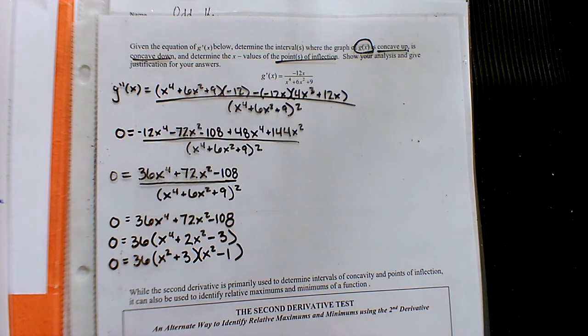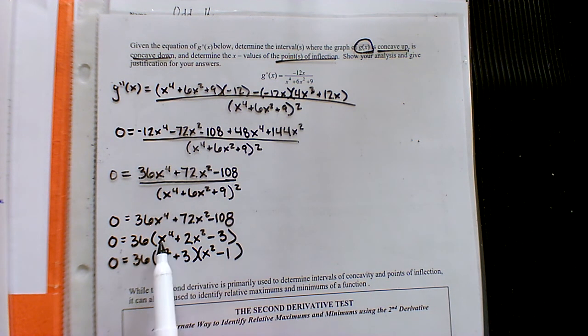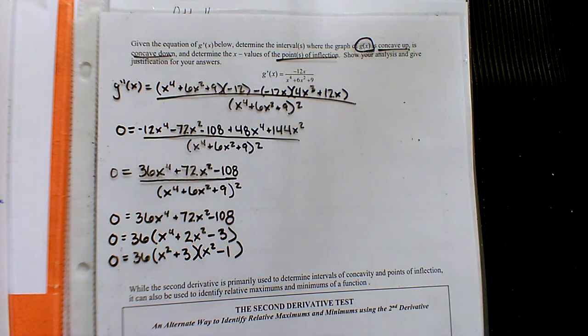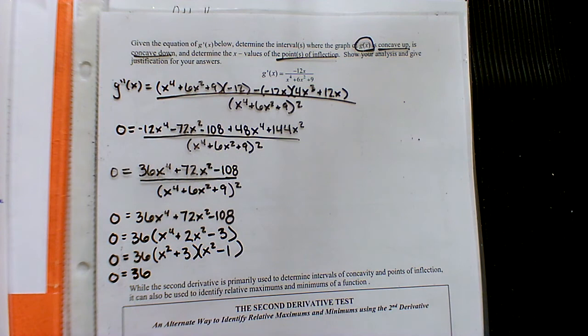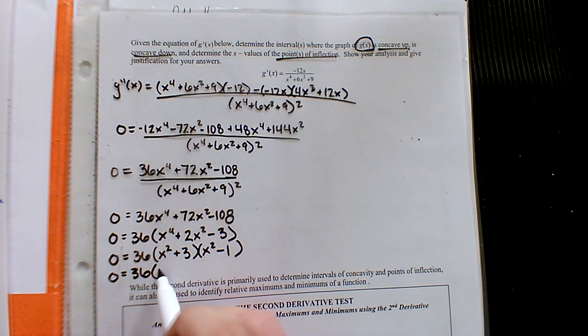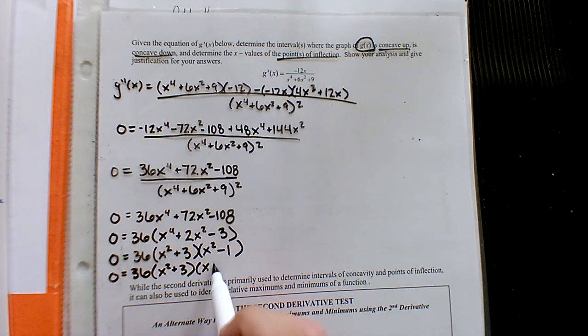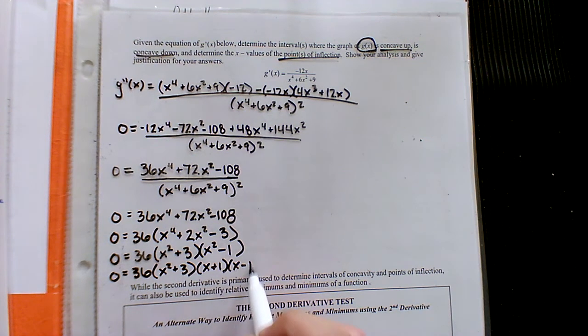So it's still the same factoring techniques that you know, just applied to a higher power. Can we keep factoring? Is there another method in there? Yeah, we have a difference of squares. x plus 1, x minus 1.